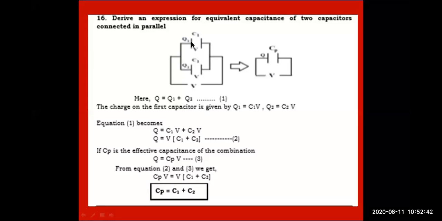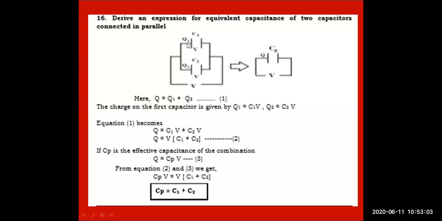So you can see here both the ends of C1 and both the ends of C2 are interconnected, one is on top and the other one is down. So we call this as parallel combination. Series you saw only one end was connected, but here you can see both the ends will be connected.